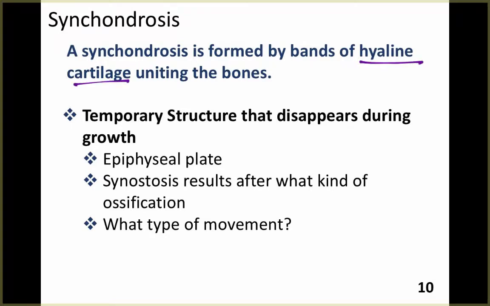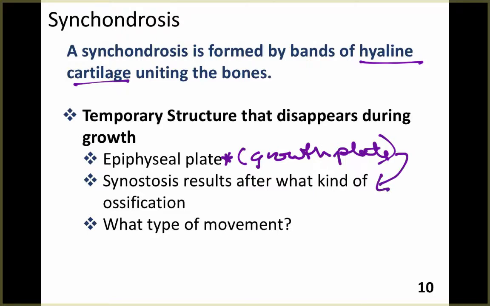Now, within these can be temporary structures that disappear during growth. An example of these is the epiphyseal plate, or what we know as the growth plate, right? And we talked about that in lab. When we talk about the epiphyseal plate essentially ossifying over time and disappearing, that is from endochondral ossification.